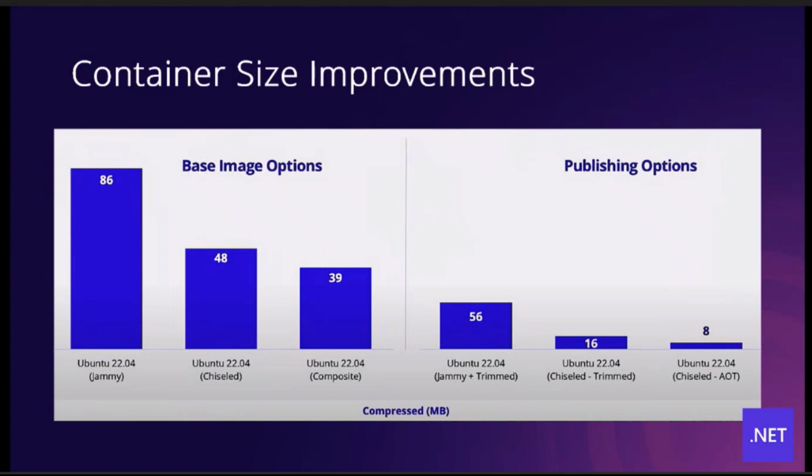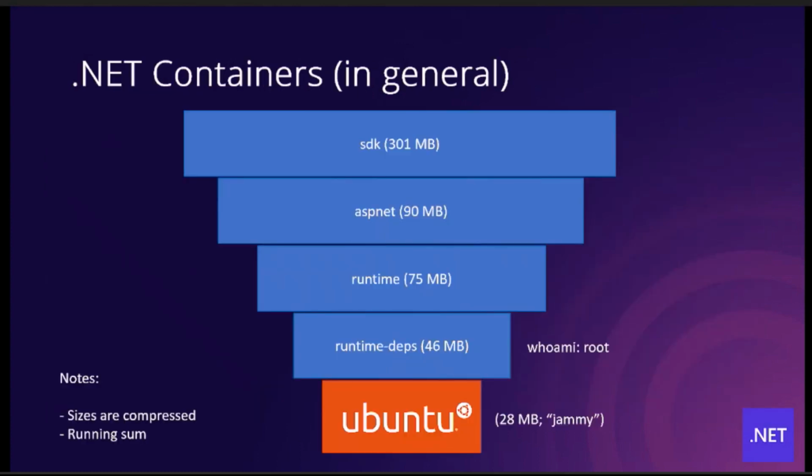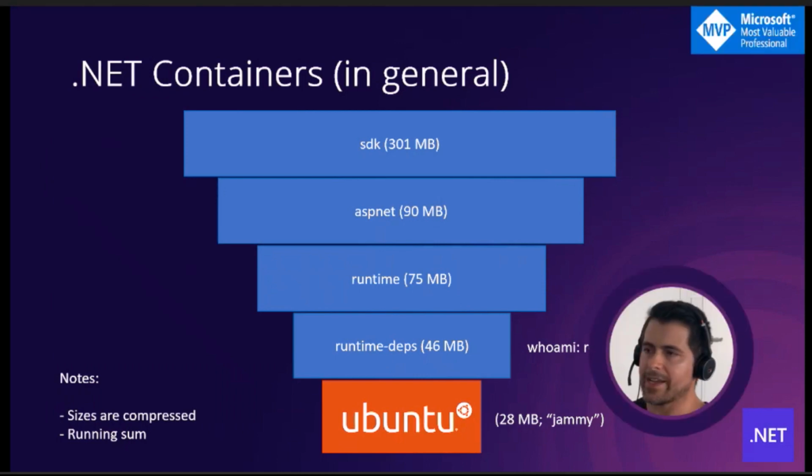So it's good that you have options. Just to bring some context on .NET 7: we had the SDK, and by default, general purpose images. Down here, Ubuntu, we have the OS. We have more libraries around the runtime, some dependencies, you can see 46 megabytes.